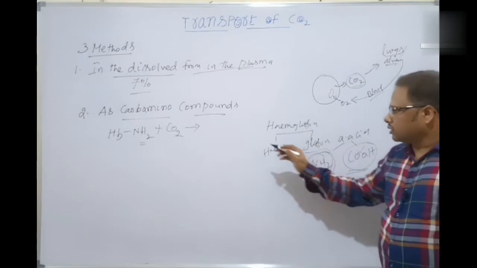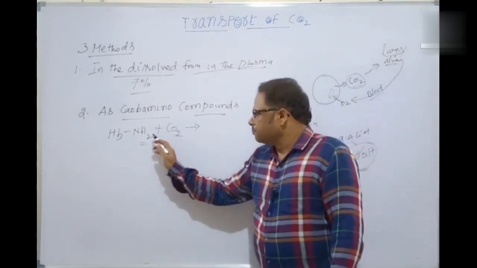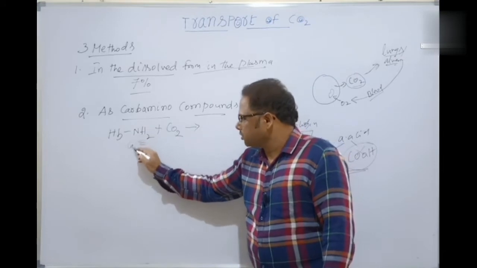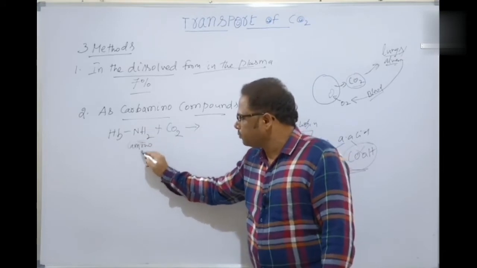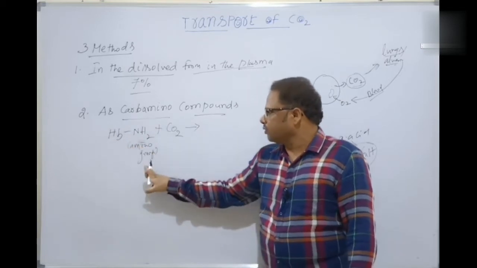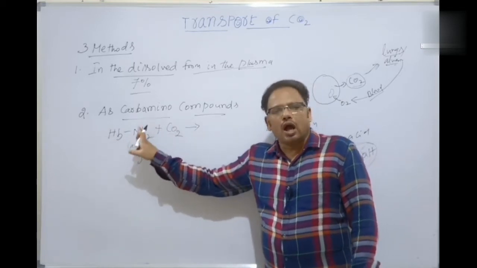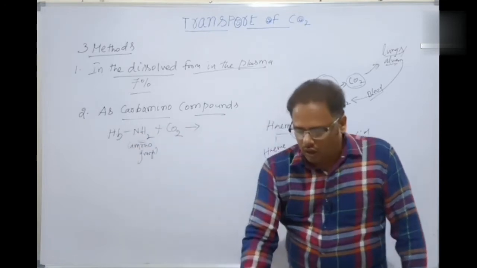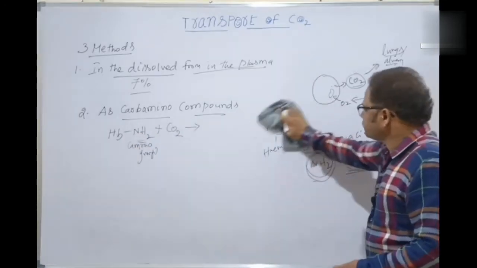And the carbon dioxide combines with the amino group. This is the amino group of hemoglobin, Bacho. Carbon dioxide combines with the amino group of hemoglobin in order to form the carbamino compounds.